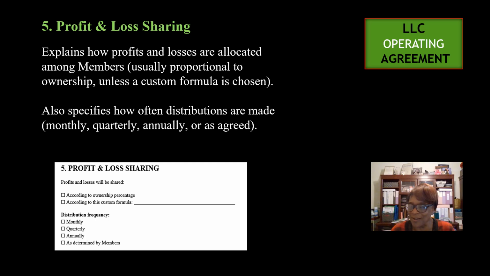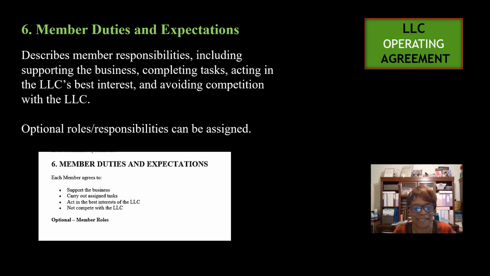Etc. All your expectations, as you can see, should be in this operating agreement, so there's no guessing about how things should happen or arguments that come about how things should happen. If you've got it outlined in your operating agreement, you just go to that agreement and whatever it says is what you do.